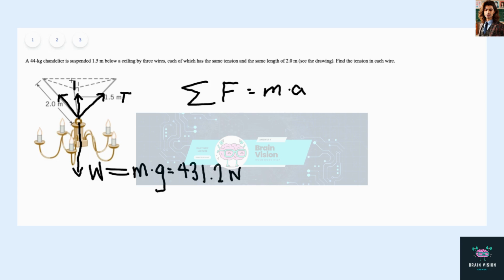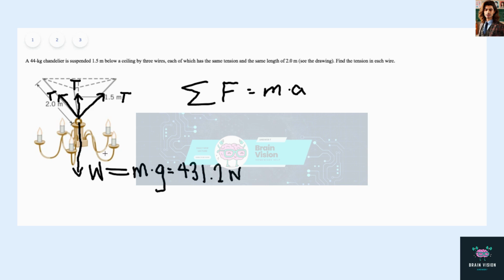And you should label them all with the same letter, and I'll use capital T. Now notice that each wire acts in a different direction and at an angle with respect to the vertical. This means that each tension is going to have 2 components, a horizontal and a vertical component.